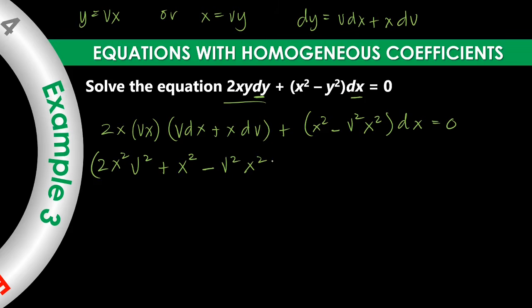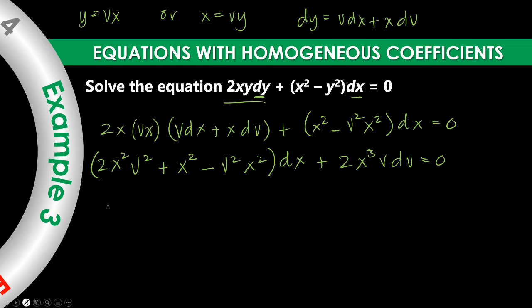Okay, and then all of them will be multiplied by dx. And then here we have a lone term containing dv, so that will be 2x. So we have 3 x's, so 2x cubed times v dv equals 0.